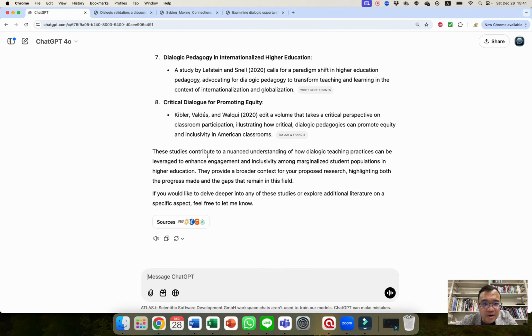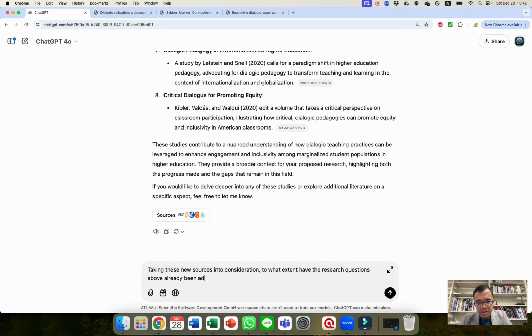So given all of these, let's see if I can, taking these new sources into consideration, to what extent have the research questions above already been addressed, and what new research opportunities remain?